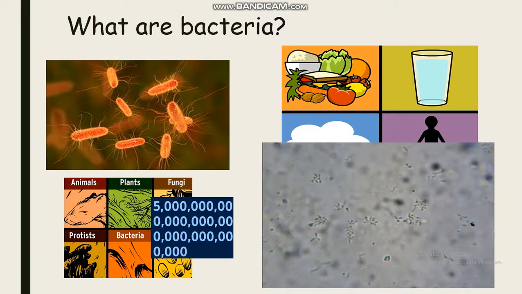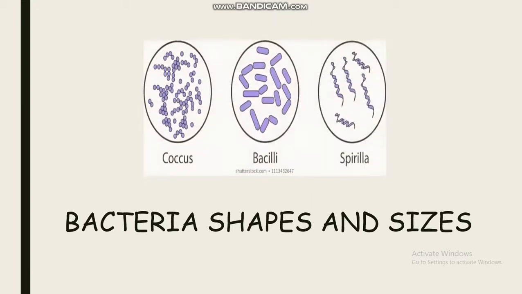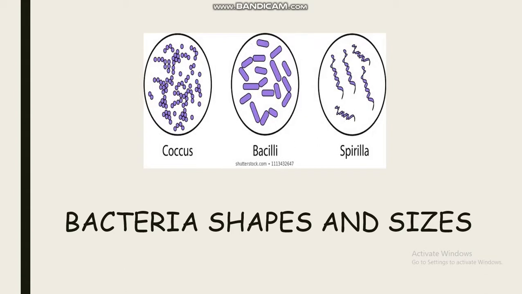Here an image shows what these tiny microorganisms look like under a microscope. Bacteria actually comes in a lot of different shapes and sizes, but the most common ones are rods, spheres, and spirals.